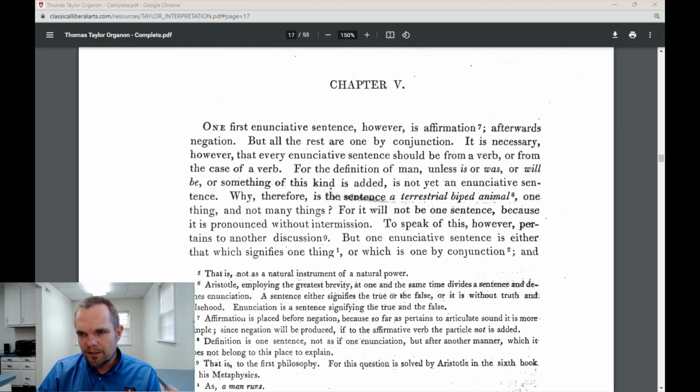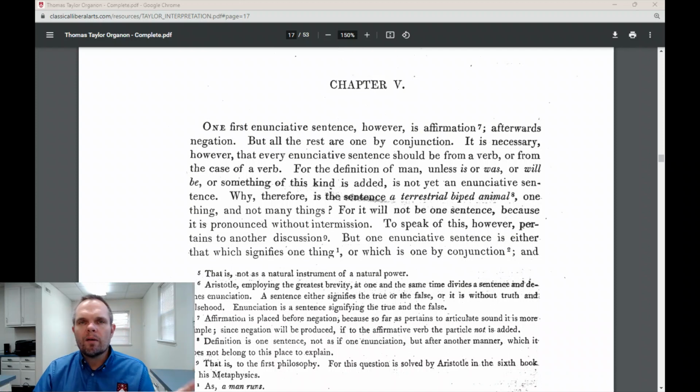So when he says the definition of man, he's talking about that idea which is expressed with the word man. The definition of man, that idea, unless we join is or was or will be, a verb or a case of a verb, it is not yet an enunciative sentence. Why, therefore, is the sentence or expression a terrestrial biped animal one thing and not many things?